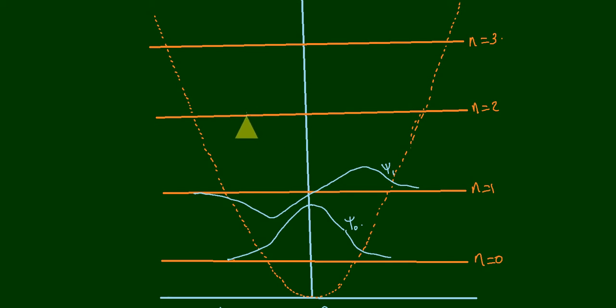So let me mark some points here that I have to go through. So this is going to be psi 2, and you know that psi 2 will be a symmetric function, right? So it is like this. Psi 2.